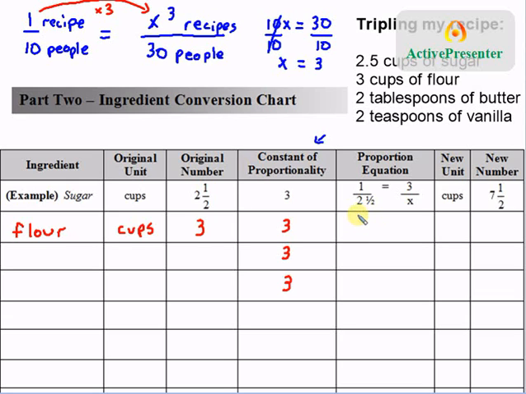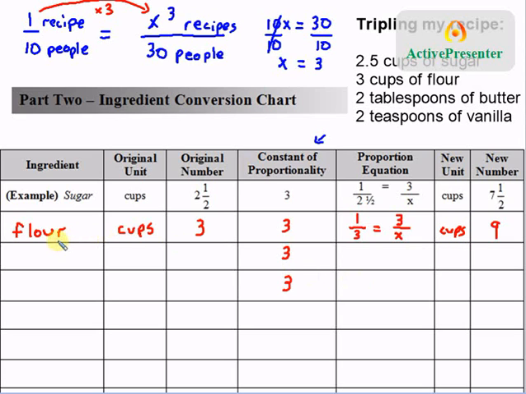For one recipe, I needed 3 cups of flour, so I have 1 over 3. In my new recipe I'm going to have 3 batches, so how many cups of flour will I have? We'll leave that as x. When I cross multiply, I get x equal to 9. So 9 cups of flour once I'm finished.